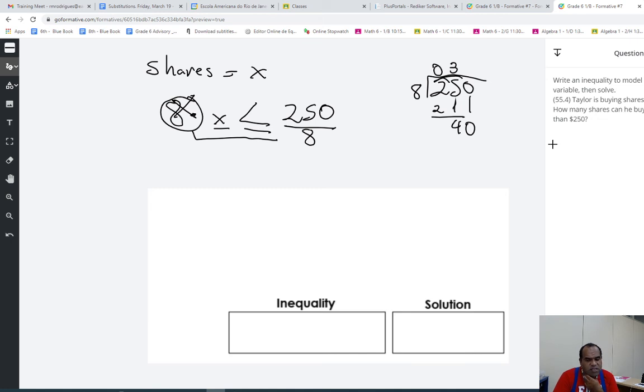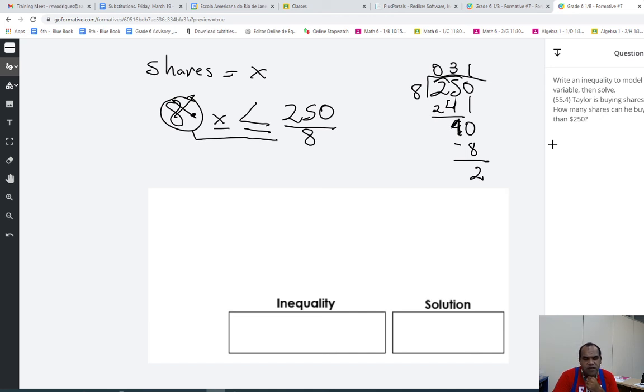How many times does 8 go into 10? Just 1 time. 10 minus 8 is 2.